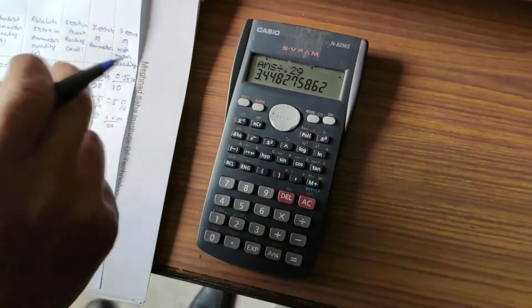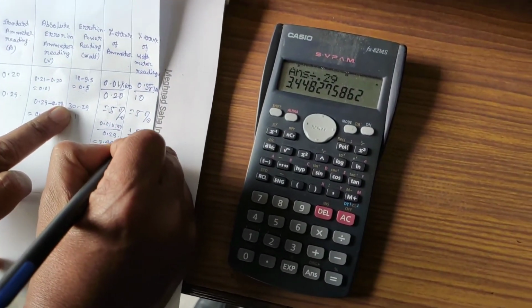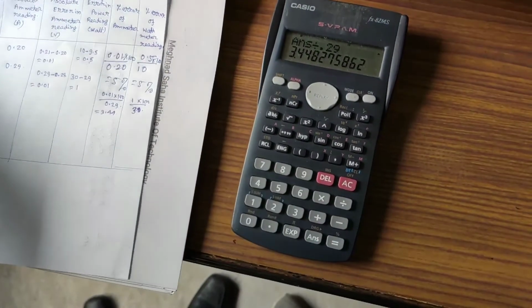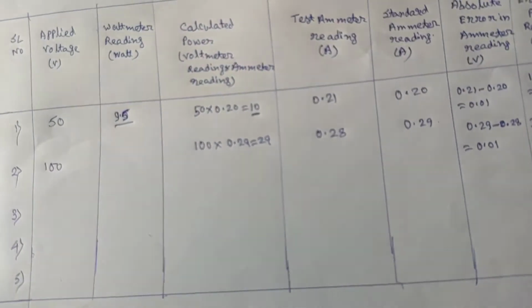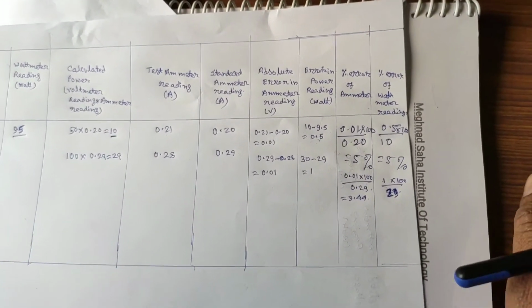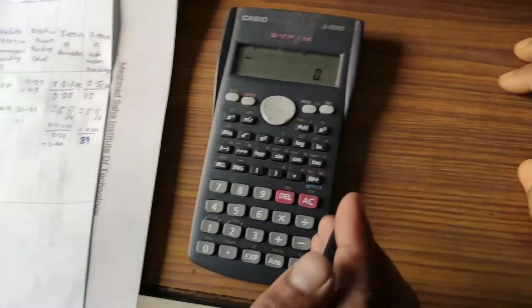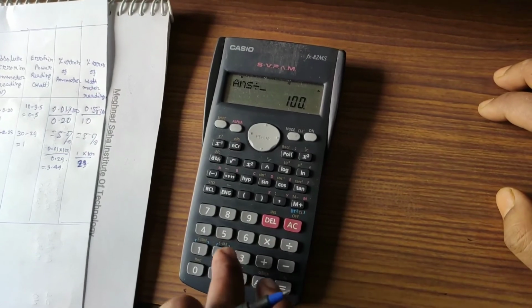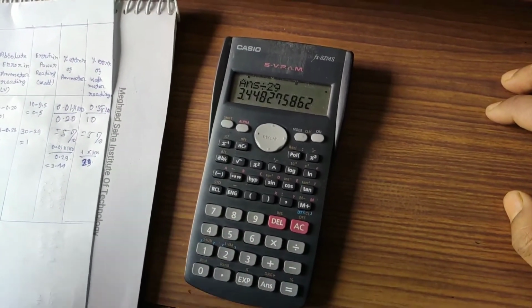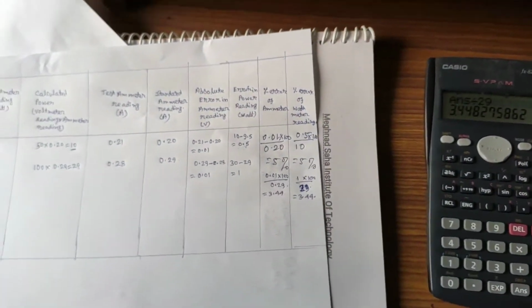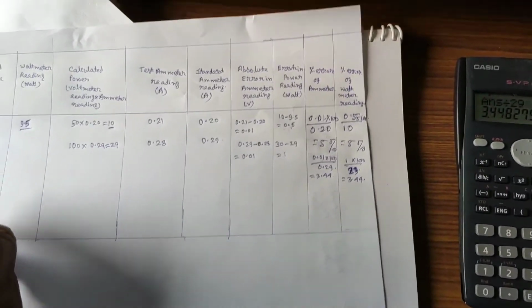So that would be basically 100 by 29. So it will again come out to be 3.44. So in this case both the readings are 3.44.